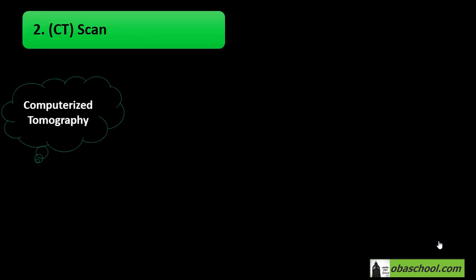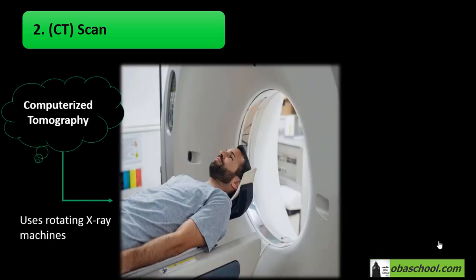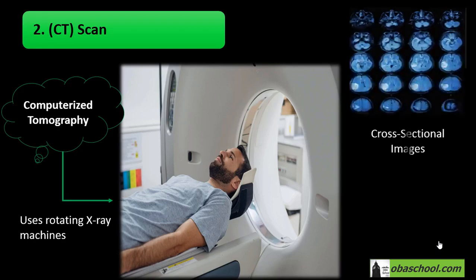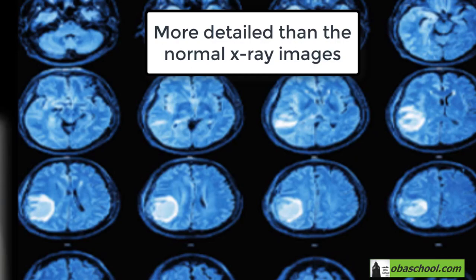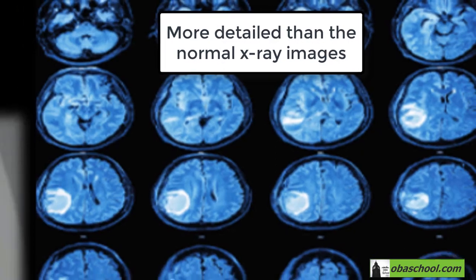CT scan is a computerized tomography scan that uses computers and rotating X-ray machines to create cross-sectional images. These cross-sectional images are also called slices, and they are more detailed than the normal X-ray images.